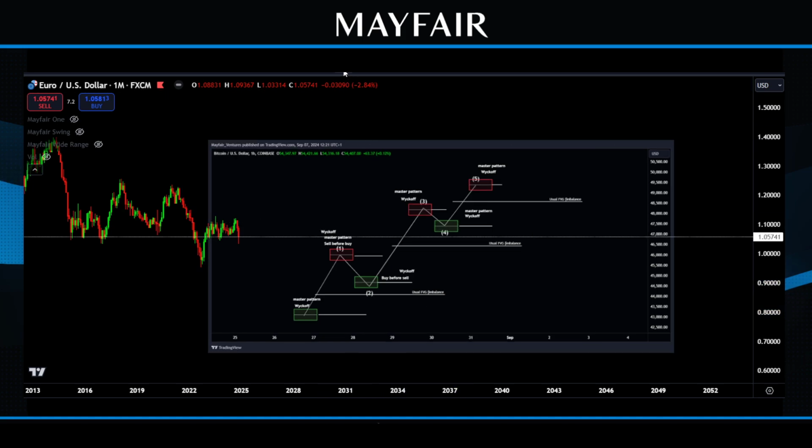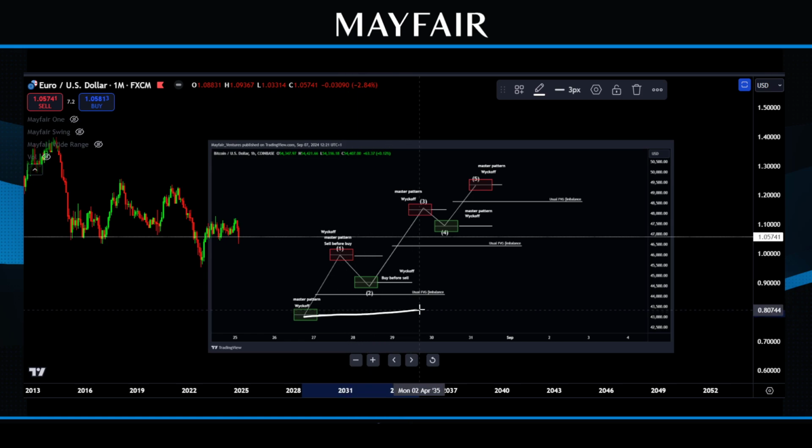The last rule, and the only rules that I care about in terms of Elliott, are these three. Rule number one, 2 cannot go below 0. Rule number two, 2 to 3 cannot be the shortest. Again, something's off with the count if that is the shortest.